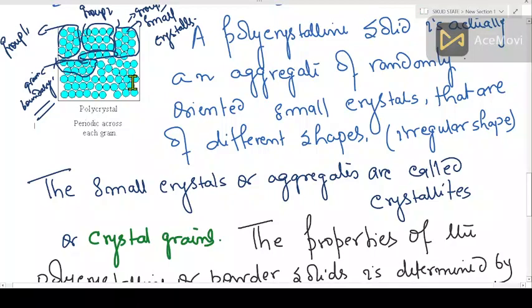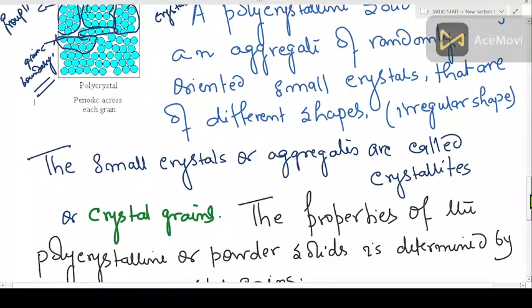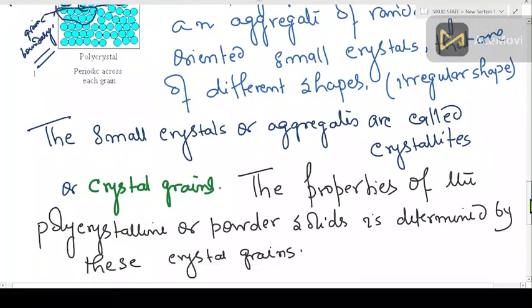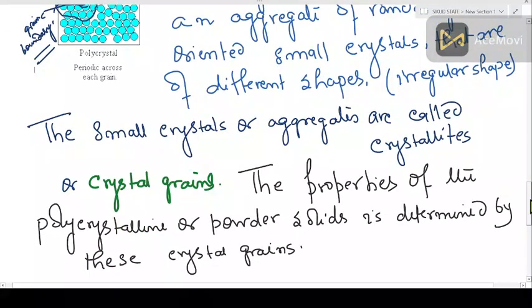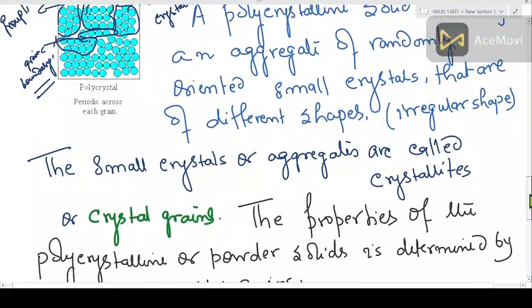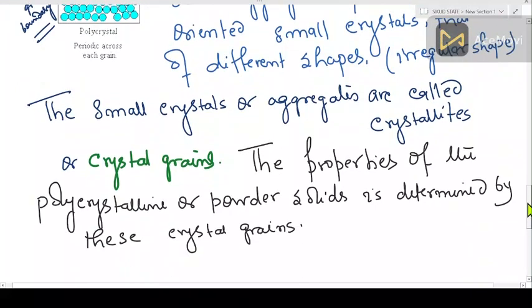But when you see the sample, it is a piece of solid. So the piece of chalk that I showed you in the first diagram in the introductory video, these types of solids are polycrystalline or powdered solids. They may not appear as powder from external appearance, but they are powdered from inside.